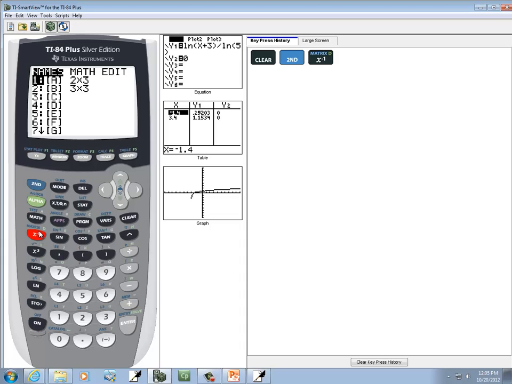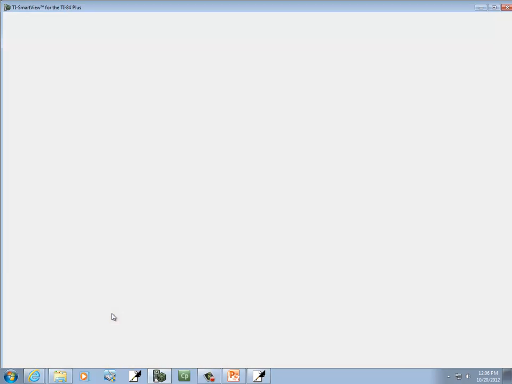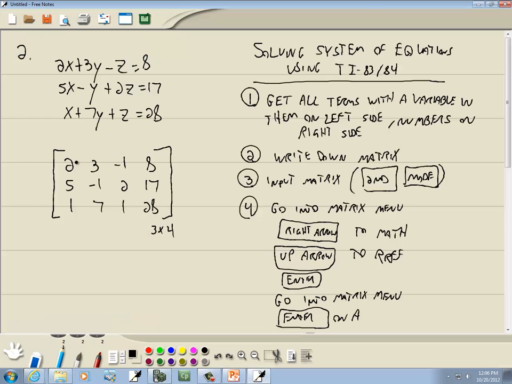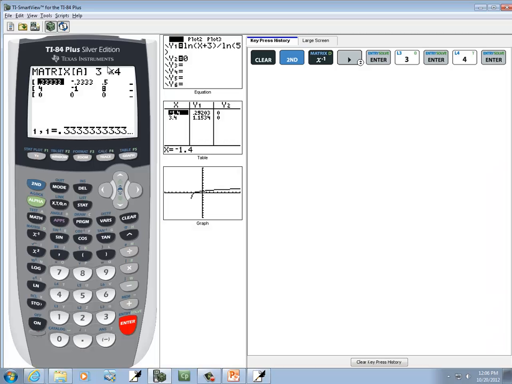Now, those of you with just a TI-83, not a TI-83 Plus, you actually have a button that says matrix. To input our matrix, we're going to right arrow over to edit. And A is already highlighted, so we do enter on it. Now, it'll ask us for the size of our matrix. We said this one was a 3 by 4. So you do 3 enter, 4 enter. It's hard to screw that up because your matrix won't look like what you're trying to enter if you put in a 4 by 3.